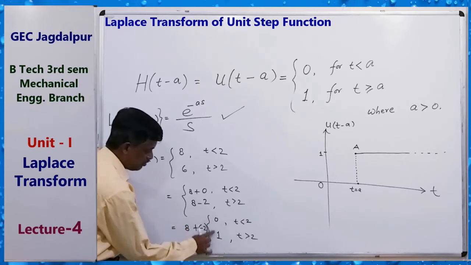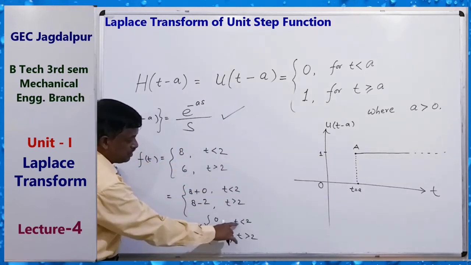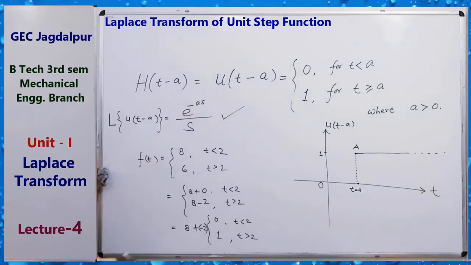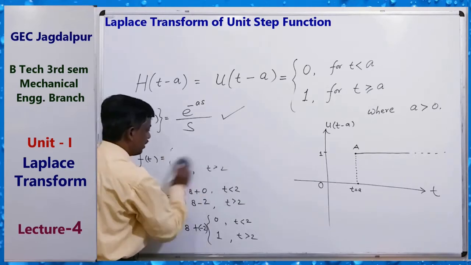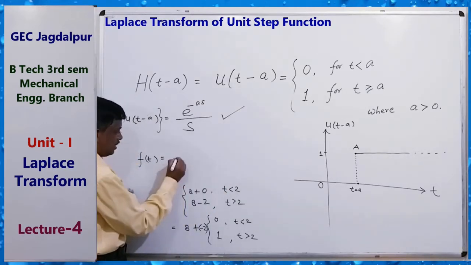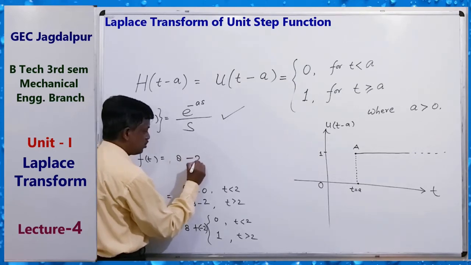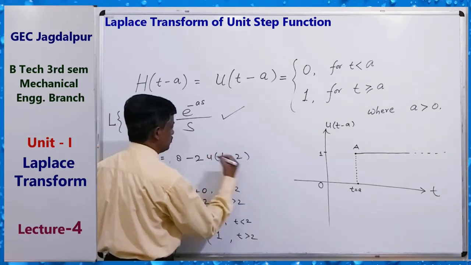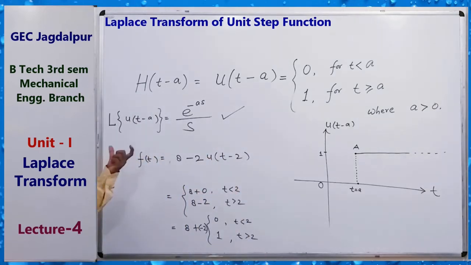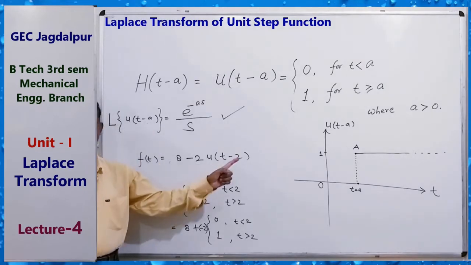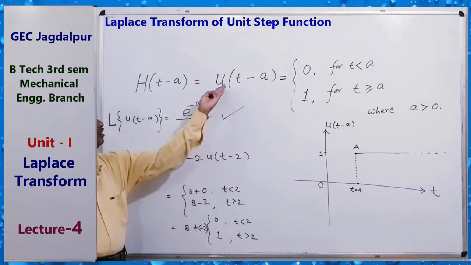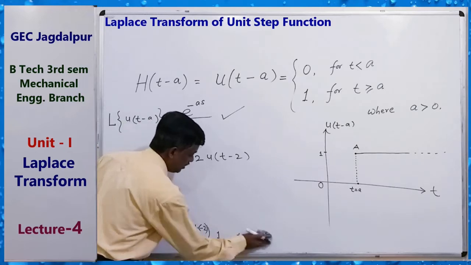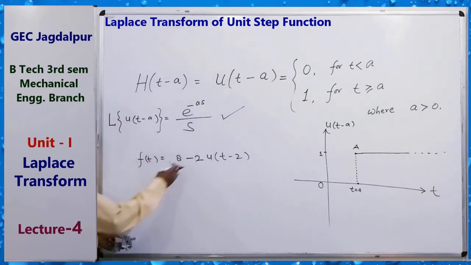So 0, 1, for t less than 2, u(t minus 2). So this can be written as 8 minus 2 u(t minus 2). So the given function can be written like this, where u(t minus 2) is defined by this unit step function. And then you can find the Laplace transform of this function.